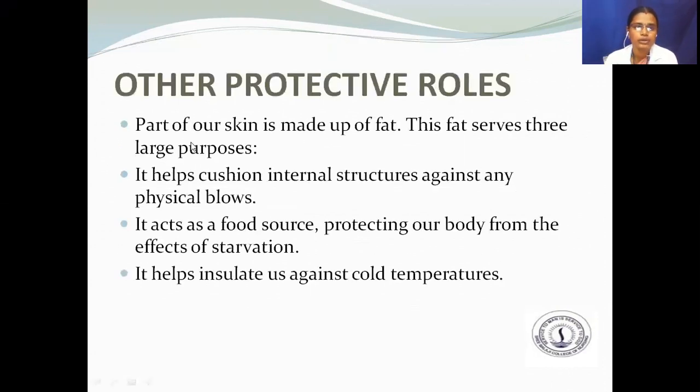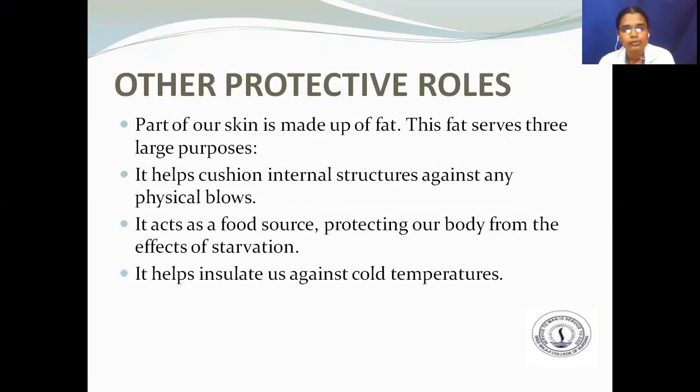Another protective role is that part of our skin is made up of fat. This fat serves three large purposes. It helps cushion internal structures against any physical blows. It acts as a food source, protecting our body from the effect of starvation. It helps insulate us against cold temperature.